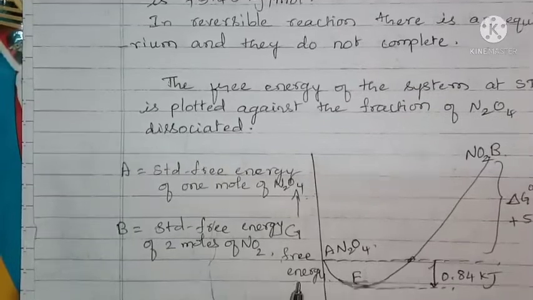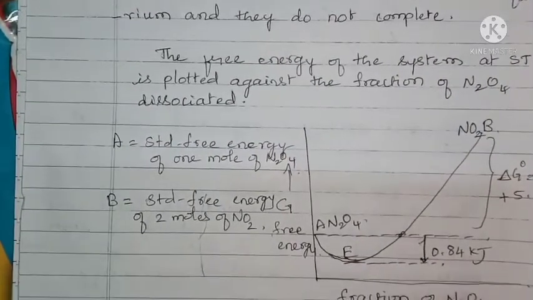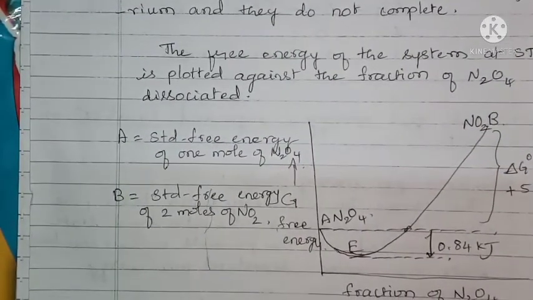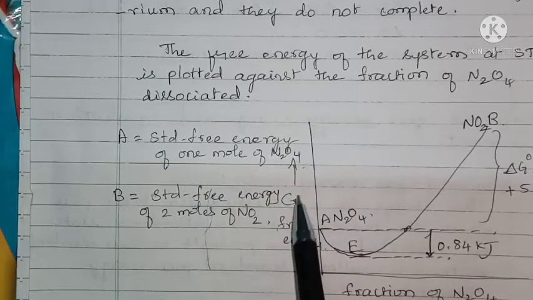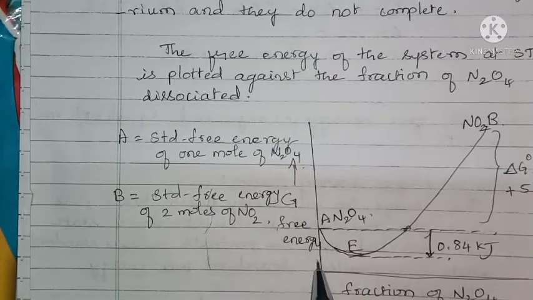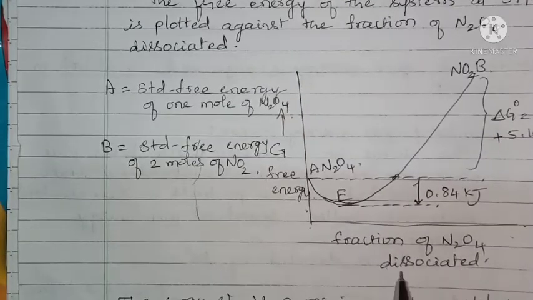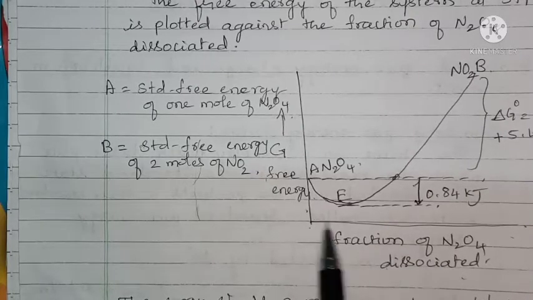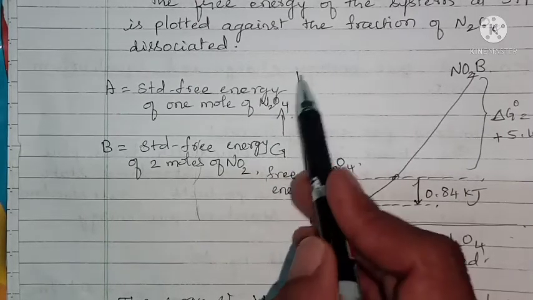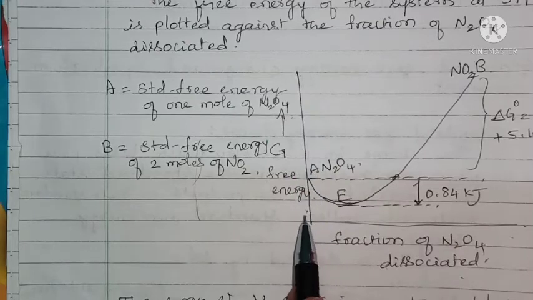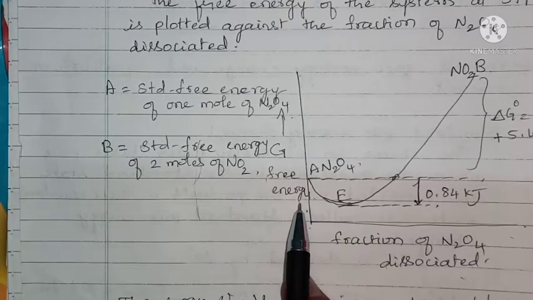Here we have one graph of the above reaction. On the y-axis we have free energy change. On the x-axis we have fraction of N2O4 dissociated. How much N2O4 is dissociated is recorded on the x-axis, and on the y-axis we have recorded their free energy.